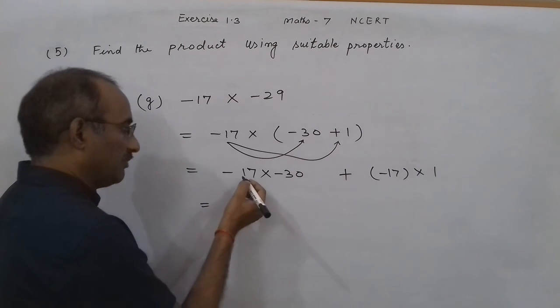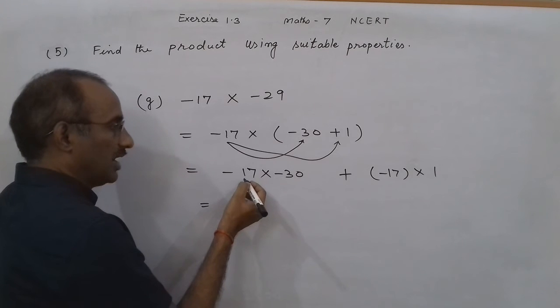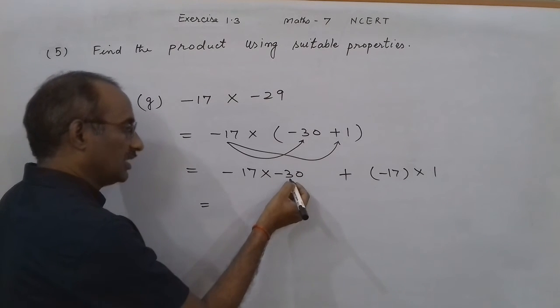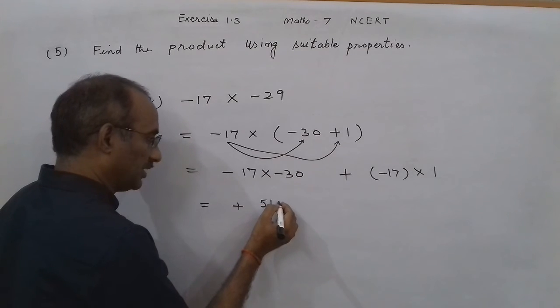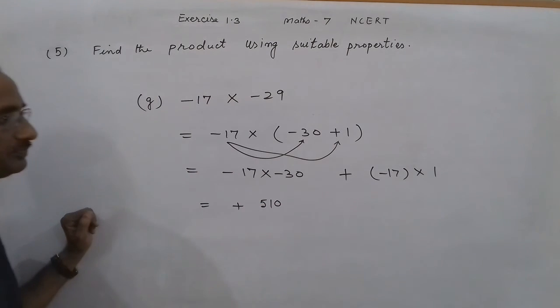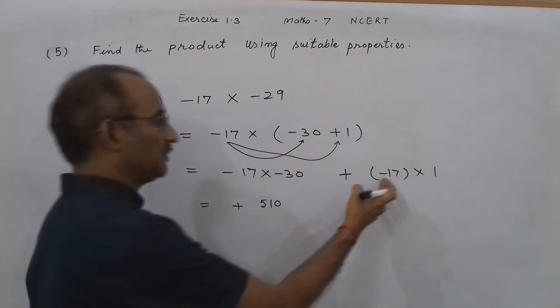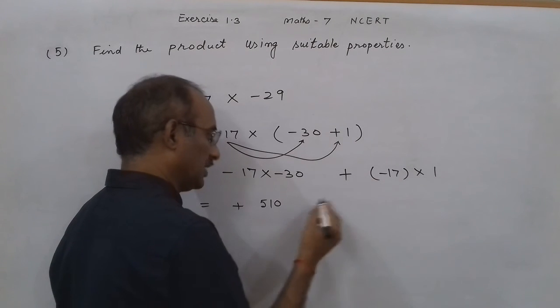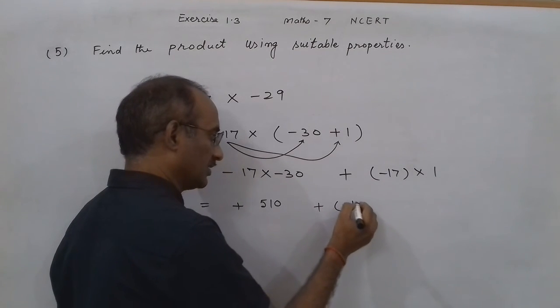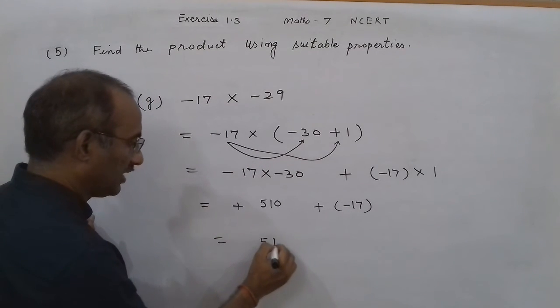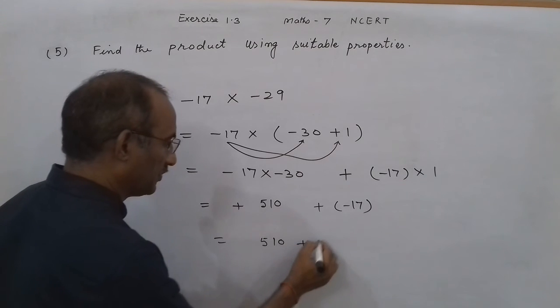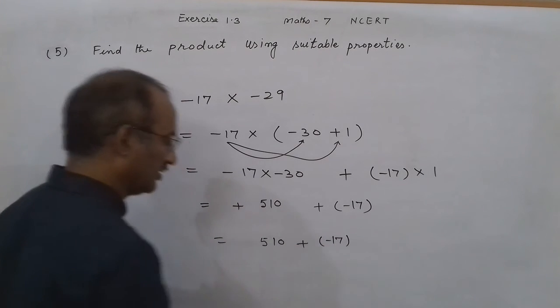So when minus 17 is multiplied with minus 30, we get plus 510. And when we multiply minus 17 with 1, we get minus 17. So here we have 510 and plus minus 17.